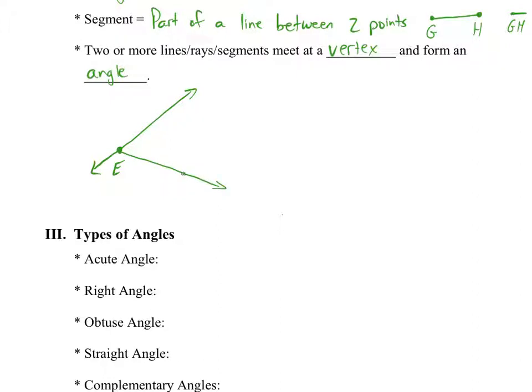So it starts at E and then keeps going down and right. And I'm going to put a point F on that ray. So that'll be my ray EF. And on that first line, I'm going to put another point up near the top, and I'll just call that D. And connect D and F with a segment.